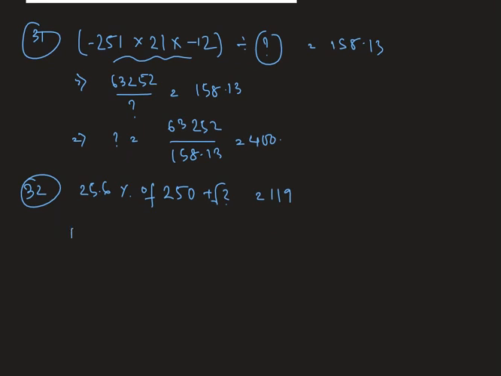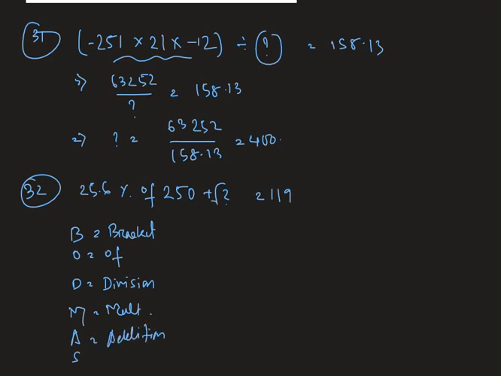We know the BODMAS rule. Here B for bracket, O for of, D for division, M for multiplication, A for addition, and lastly S for subtraction.